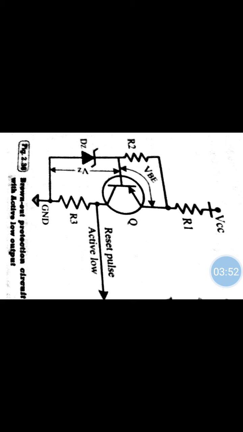If VCC falls below VBE plus VZ, then the transistor stops conducting. Thus, the brownout circuit holds the processor or the controller in the reset state when the supply voltage is below the operating or threshold voltage until the supply voltage becomes greater. These brownout circuits may be inbuilt or they may be connected externally.